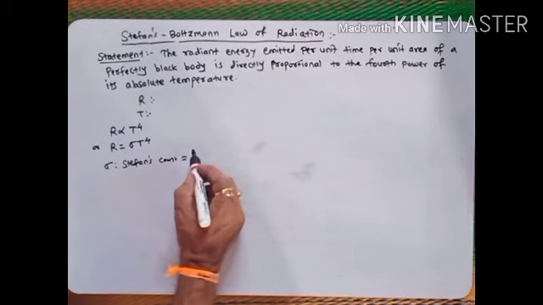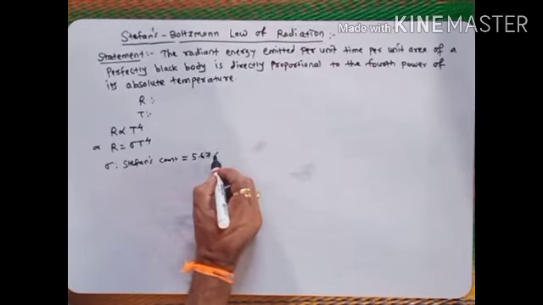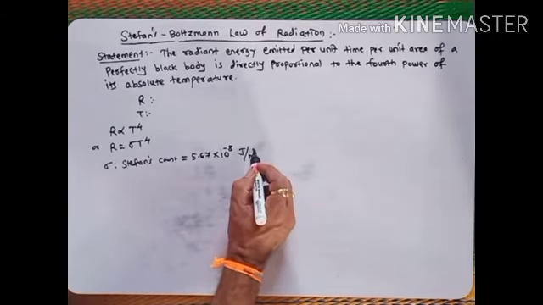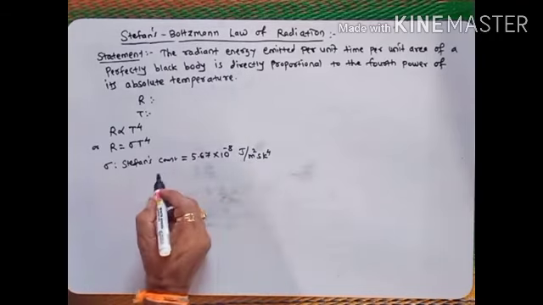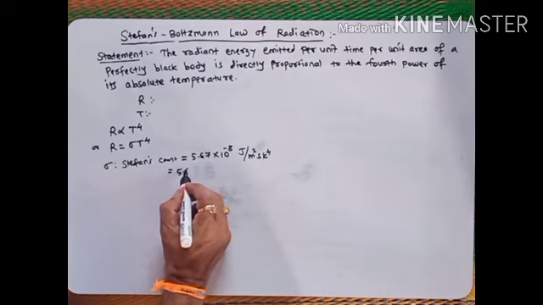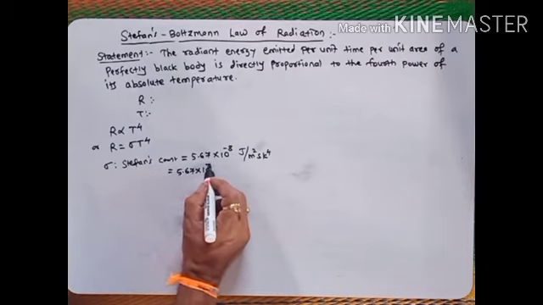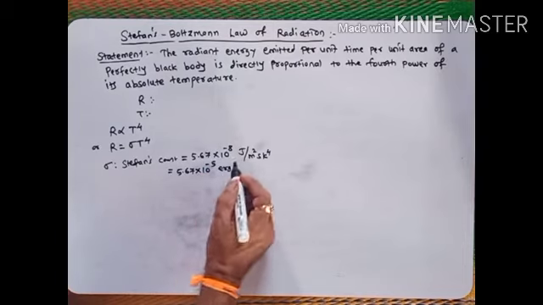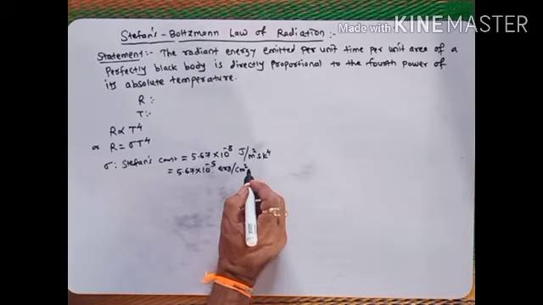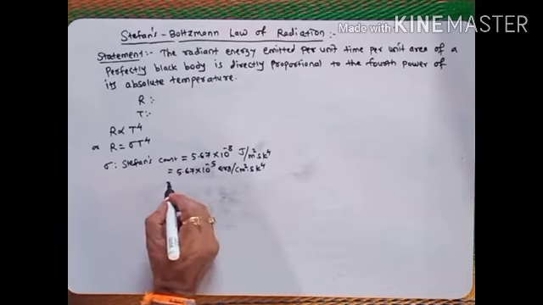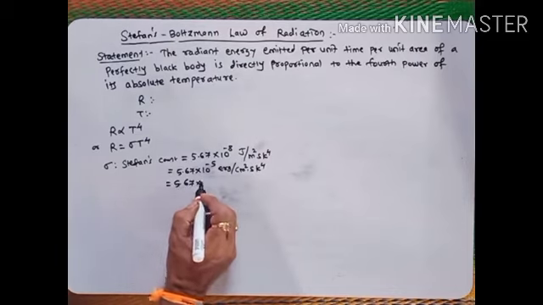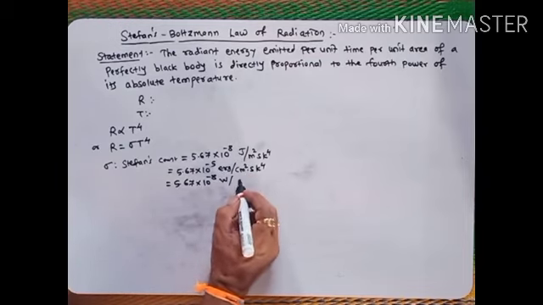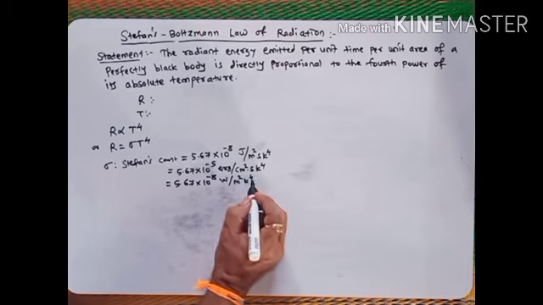which is equal to 5.67 into 10 raised to minus 8 joule per meter square second K raised to 4, which is equal to 5.67 into 10 raised to minus 5 erg per cm square second K raised to 4, which is equal to 5.67 into 10 raised to minus 8 watt per meter square K raised to 4.